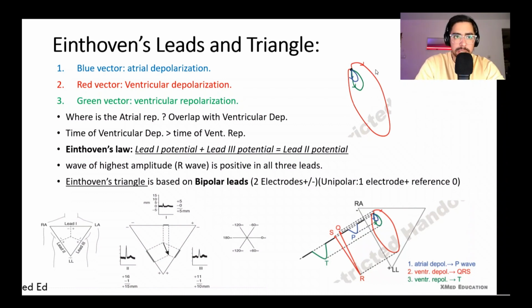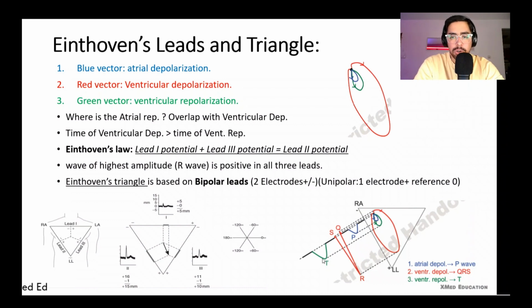If I want to explain the vectors of the ventricle and atrium and their depolarization and repolarization, the picture that we take from each lead gives us something like this. As we name them, the P wave is for depolarization of the atrium, QRS is for depolarization of the ventricle, and the T wave, which is this one, is for repolarization of the ventricle.